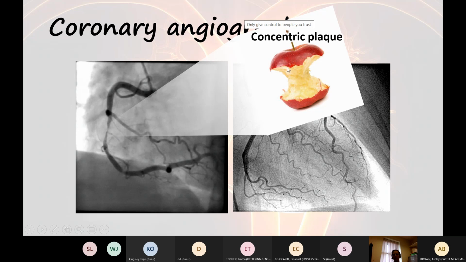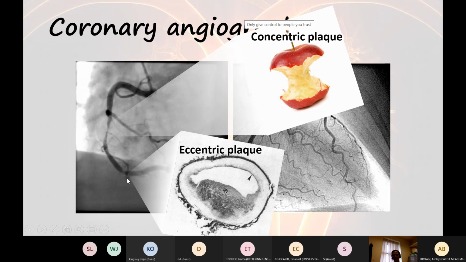If you imagine that you eat an apple core equally from each side, it looks to be nibbled out from all angles. There also, plaques can be what we call eccentric. So can you see here? This area is almost the same diameter as the bit before and after it, but is much hazier. And that's an eccentric plaque. Remember, this is a 2D image.